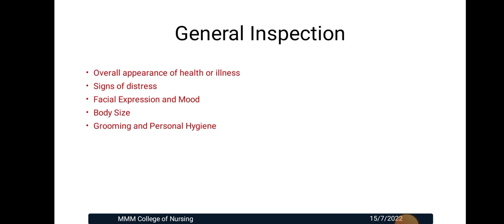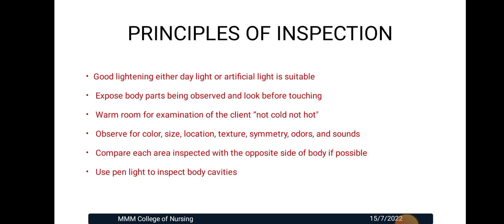Coming to general inspection: overall appearance of health or illness, signs of distress, facial expression and mood, body size, grooming and personal hygiene. Coming to principles of inspection. Good lighting, either daylight or artificial light, is suitable.